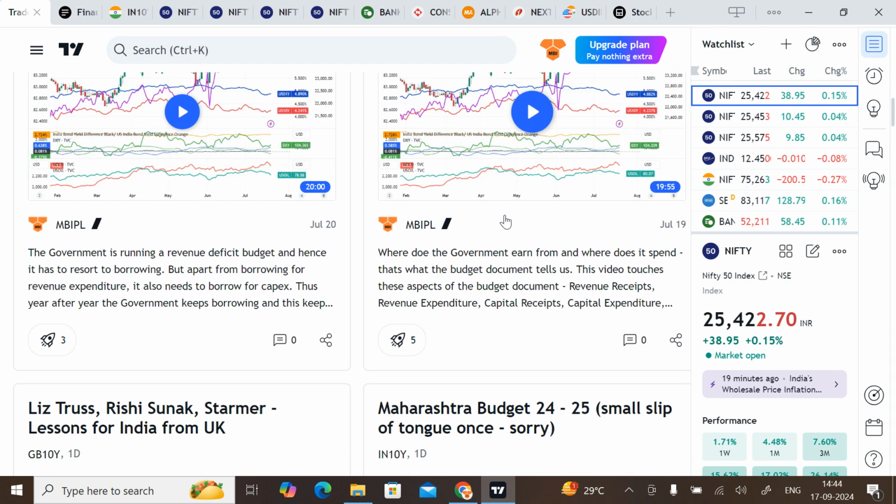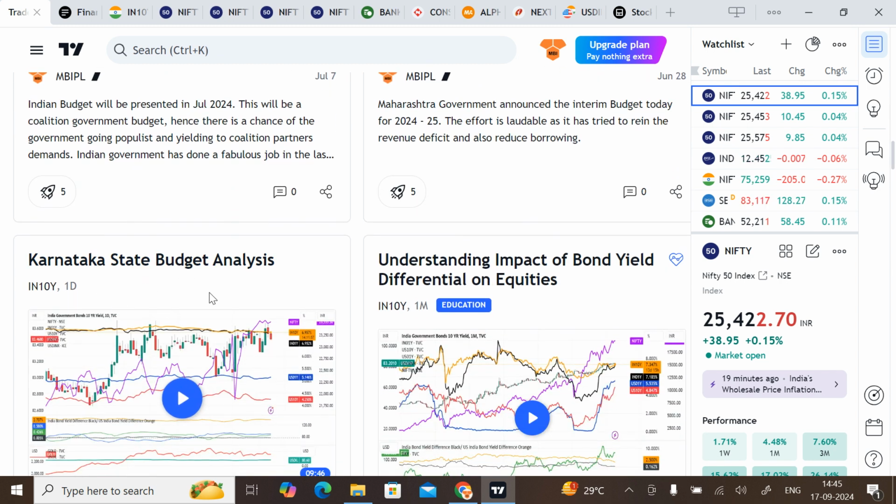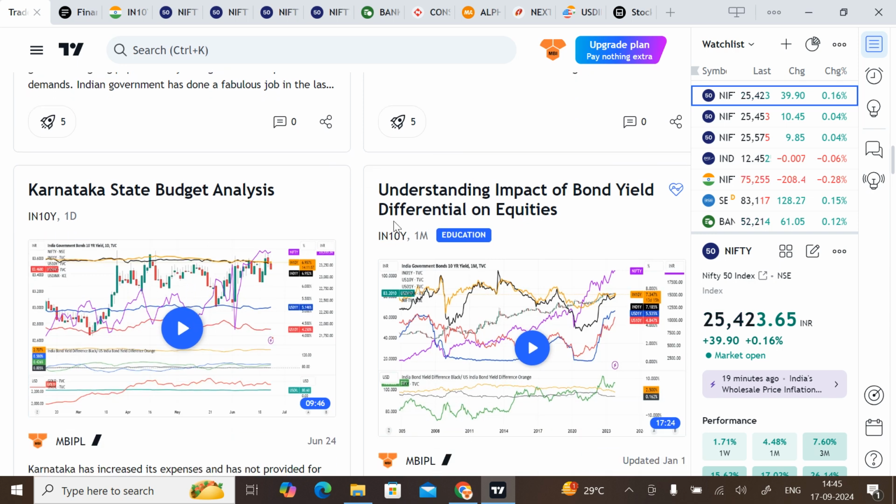Some I would want to highlight is this Karnataka state budget analysis, and understanding the impact of bond yields, because this was an editor's pick.